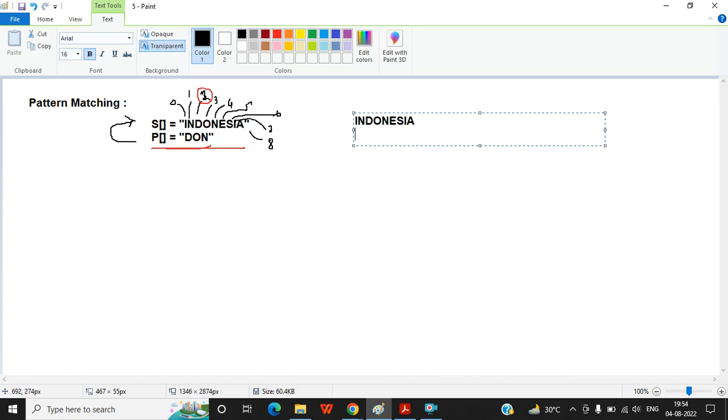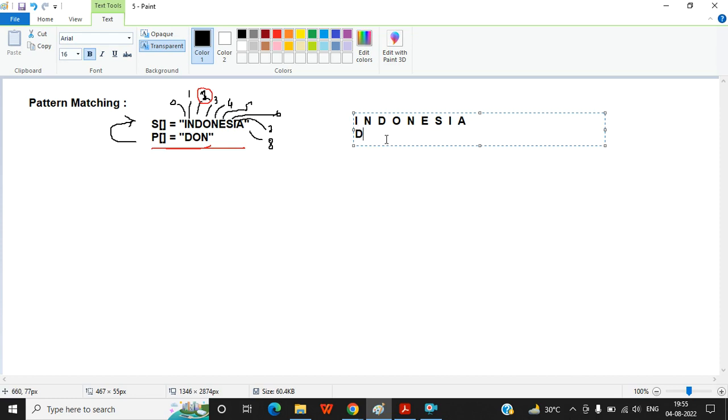So we are searching for D. If it matches with the first element, then we will proceed.